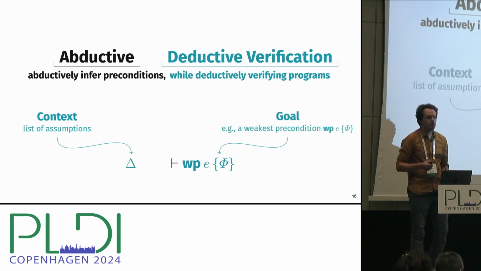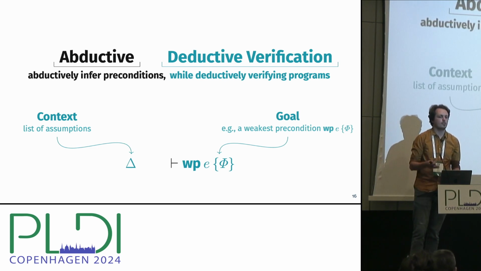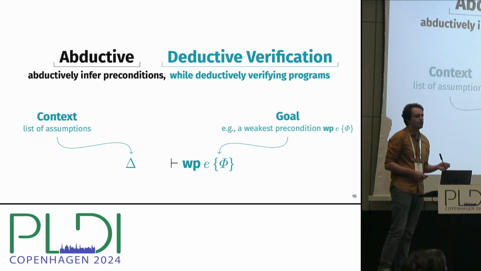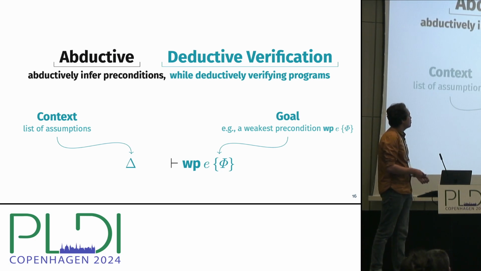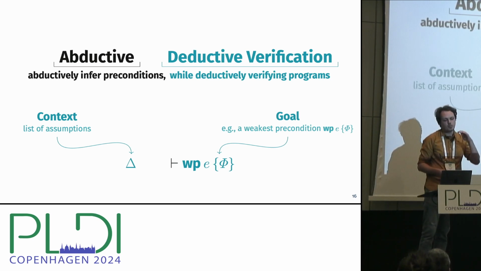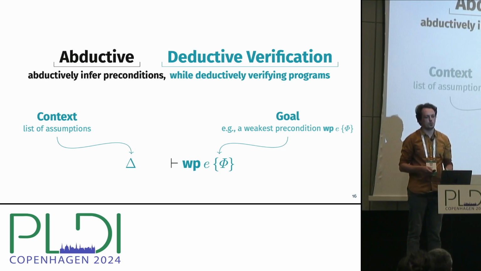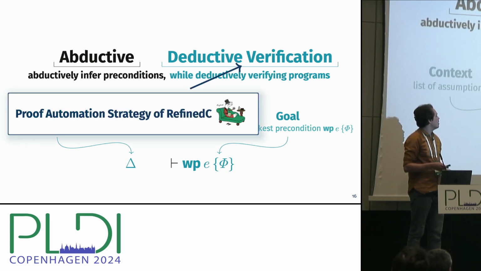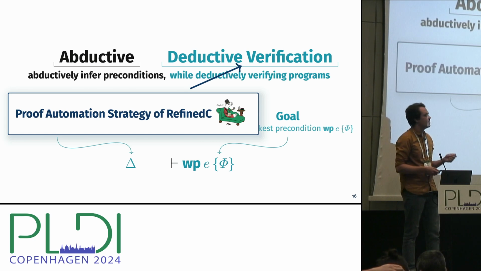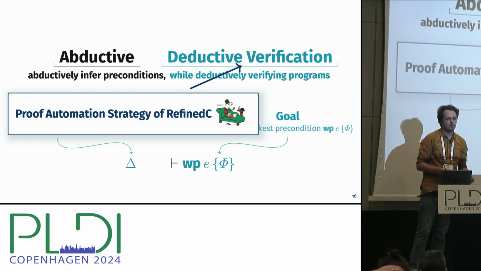Well, to a first approximation, we do normal deductive verification. So we have a context here that's a list of separation logic assertions, and we have a goal, which is often the weakest precondition that we reason about. And then we will build up an inference by gradually applying rules. And because this is close to a normal deductive verification, we can reuse the proof automation strategy that's used in refined C to automate our proofs.